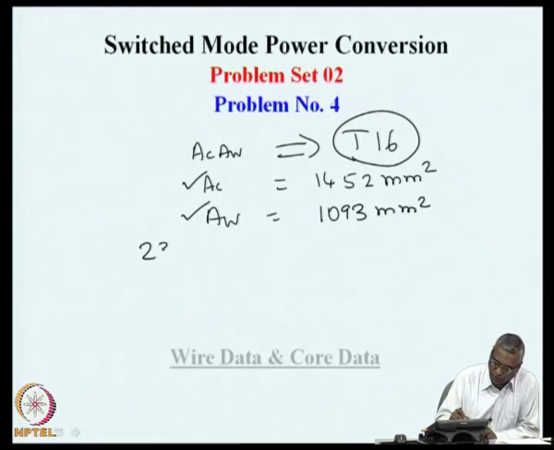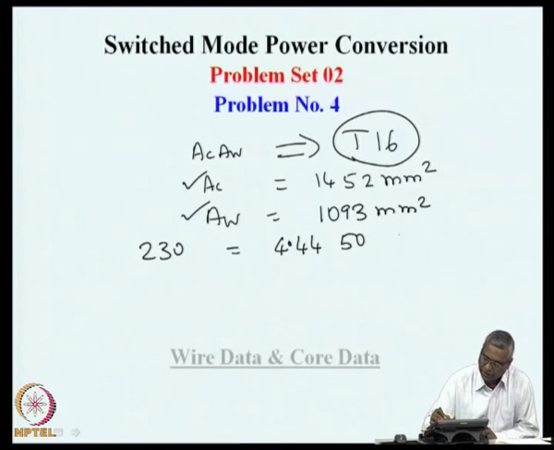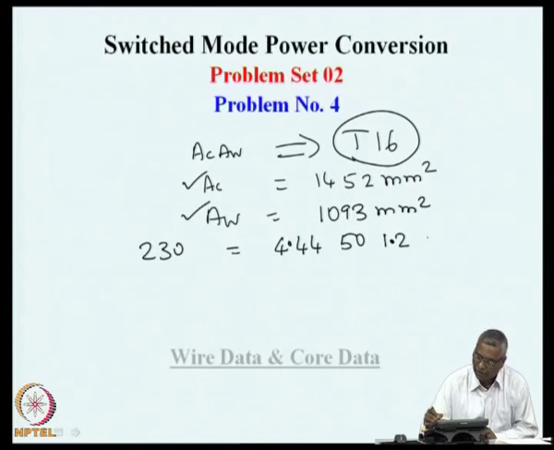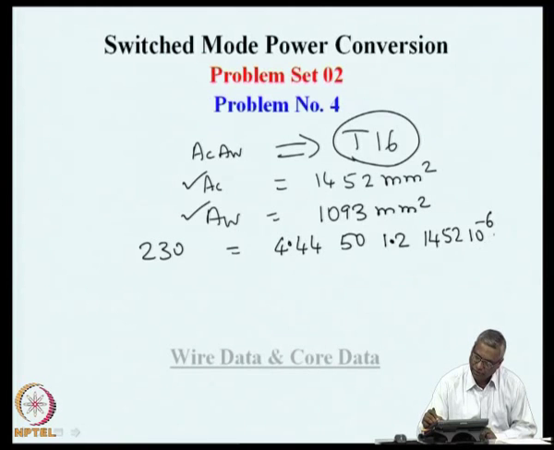RMS voltage of 230 volts is equal to 4.44 into frequency, which is F, BM is 1.2 Tesla, AC is 1452 into 10 power minus 6 meter square into number of turns.